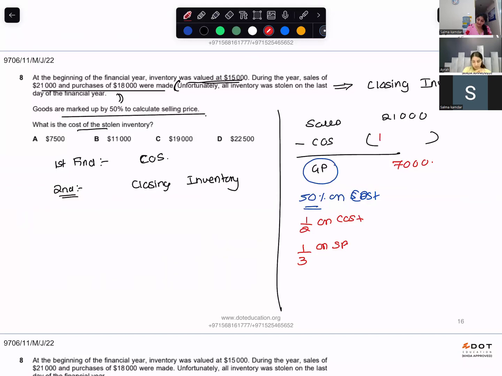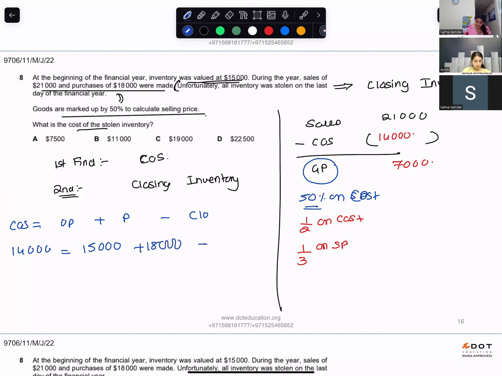What is your cost of sales? 14,000. Now I'll write the formula for cost of sales. Opening plus purchases minus closing. 14,000 is equal to opening, 15,000 plus 18,000, minus closing.